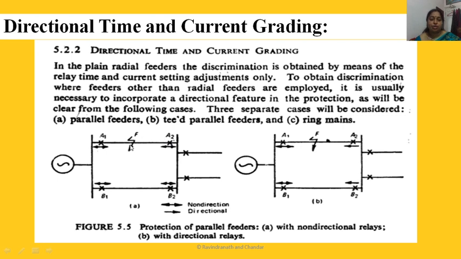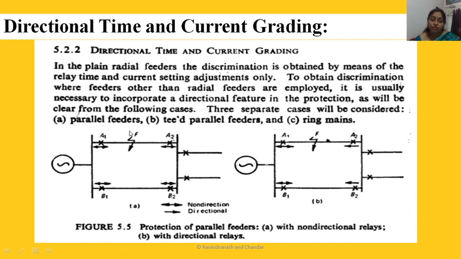From A2 it is okay. For this fault, A1 will see this fault, A2 will see this fault, and as A2 and B2 are on the same bus voltage, same voltage level, A2 will sense as well as B2 will sense the fault.